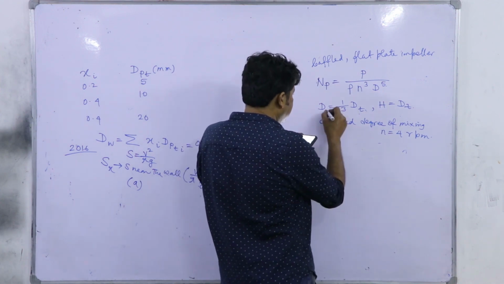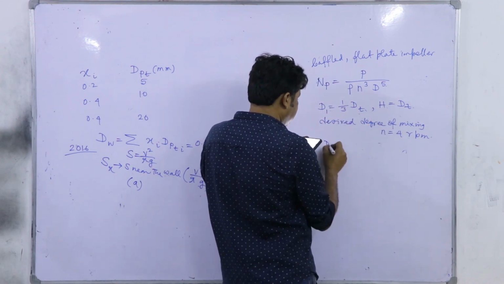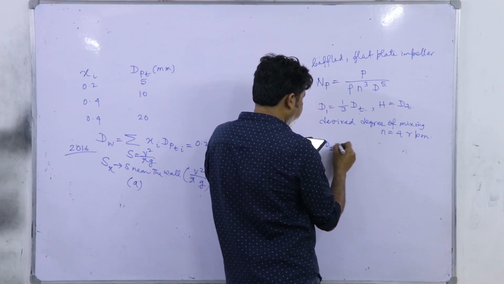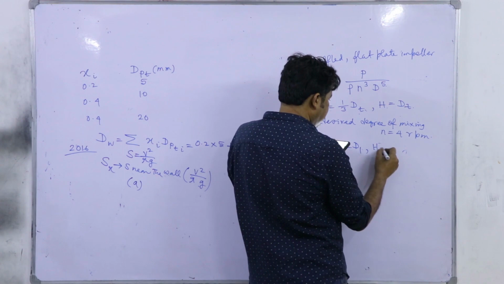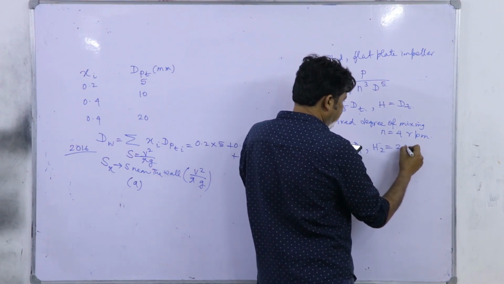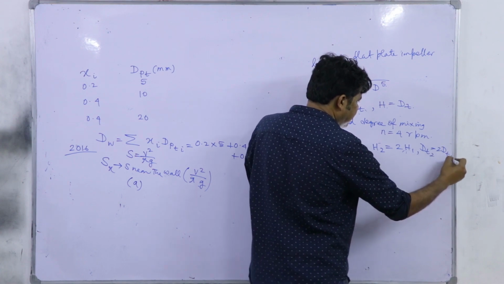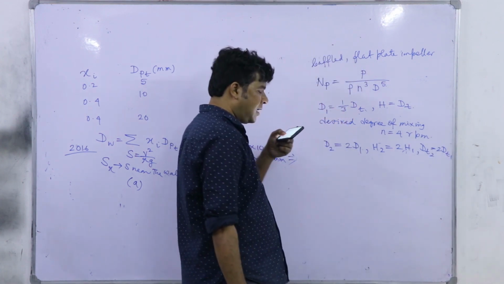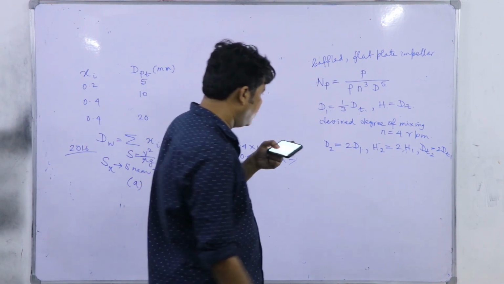So this is D1. So D2 is twice of D1, H2 is twice of H1, DT2 is twice of DT1. Right? And we have to keep the power input per unit volume constant.